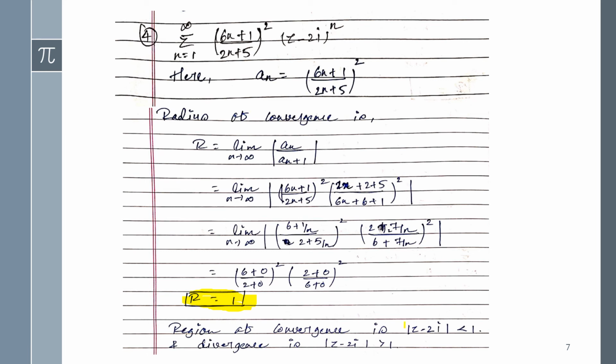See guys, convergent it is for mod of z minus 2i less than 1, and divergent it will be for mod of z minus 2i greater than 1. I told you earlier, from the first example of radius of convergence, that you can write beforehand for which it is convergent and for which it is divergent.